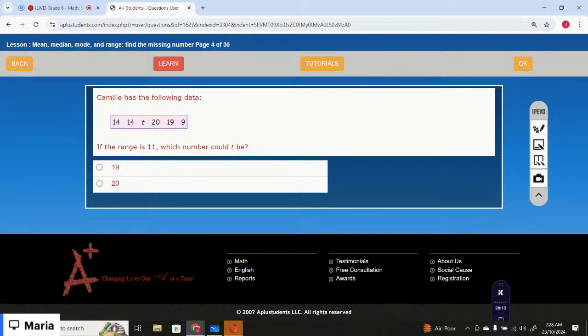Camel has the following data. If the range is 11, what number could it be?